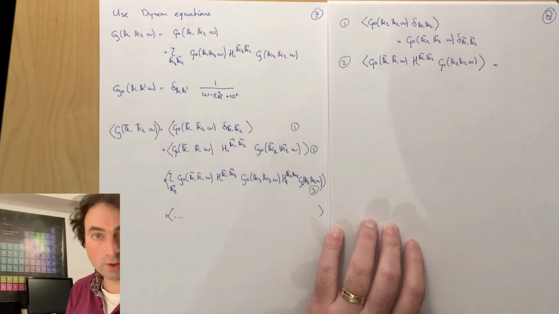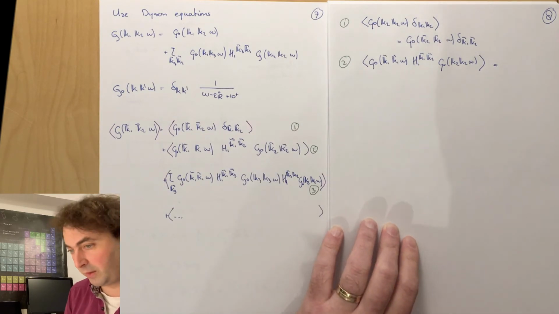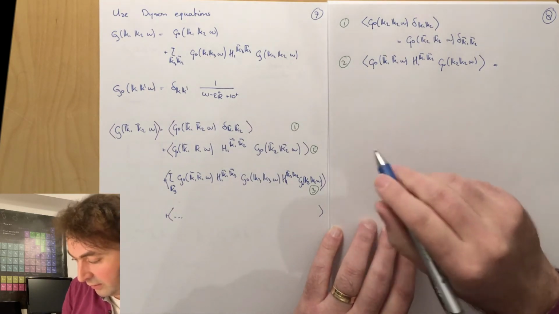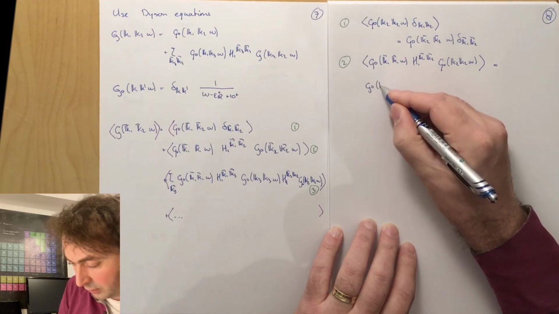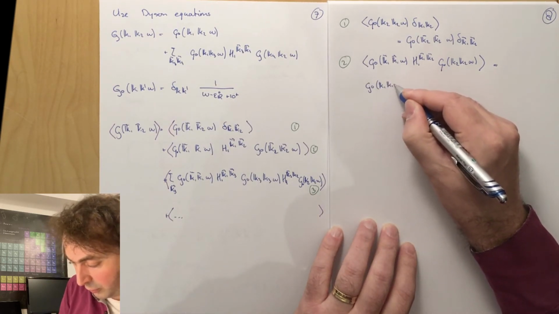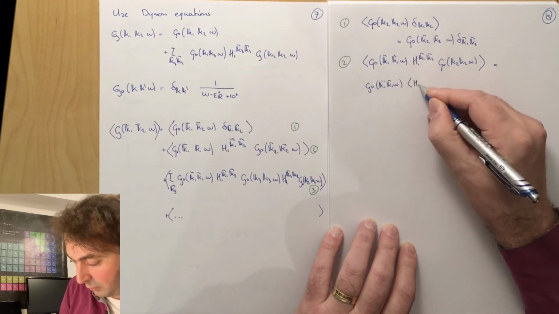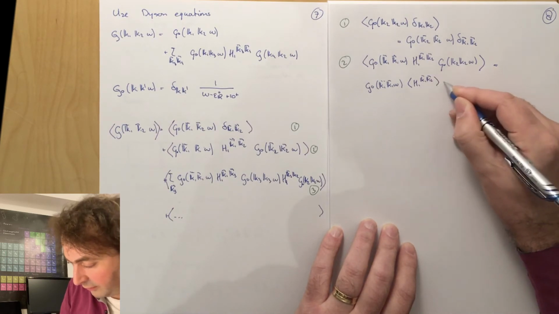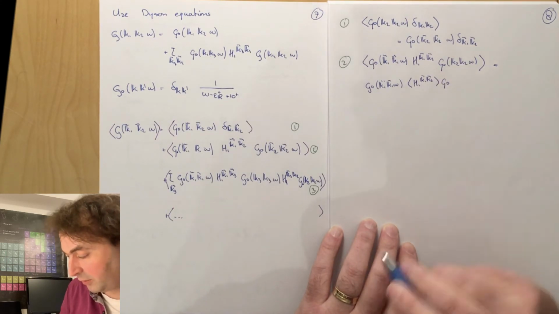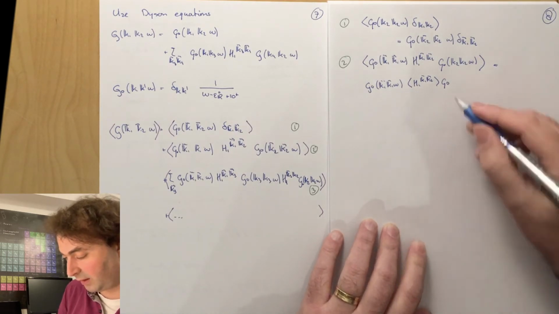Now G0 is the Green's function of the system without impurities, so that doesn't depend on the impurity distribution that we have. So we can take that out of the averaging over all possible random realizations of the impurities. And we see that we are taking the average here of the Hamiltonian, or better said, the Hamiltonian matrix element between states K1 and K2.